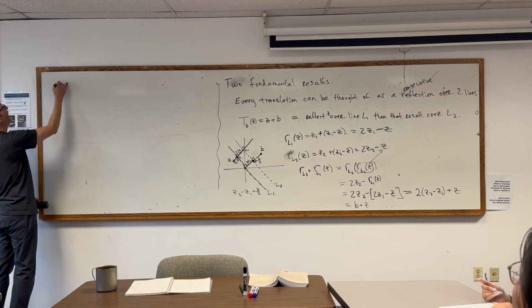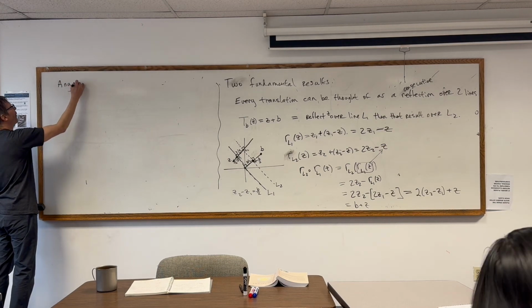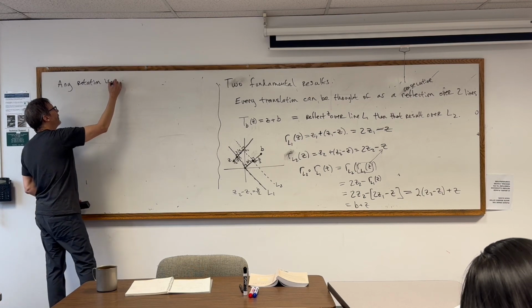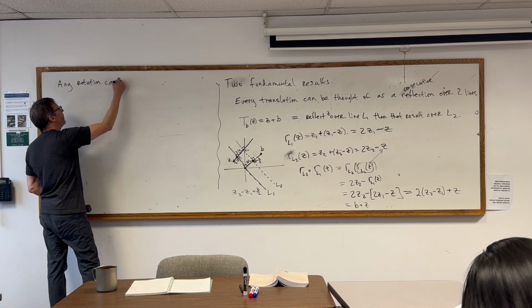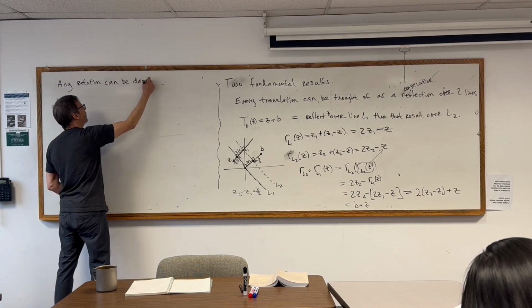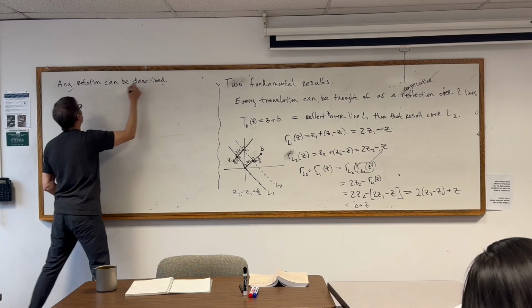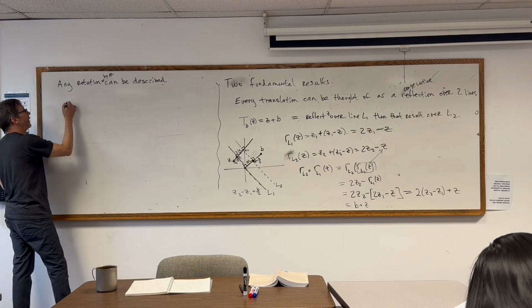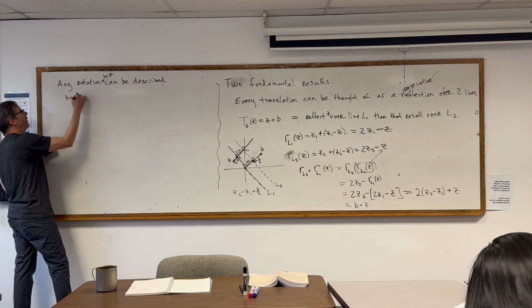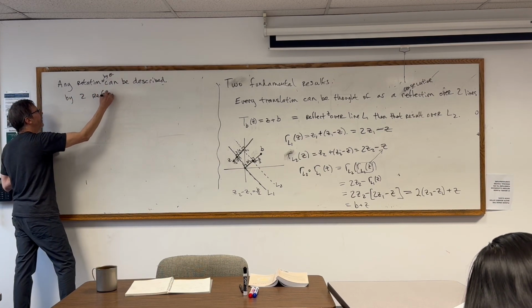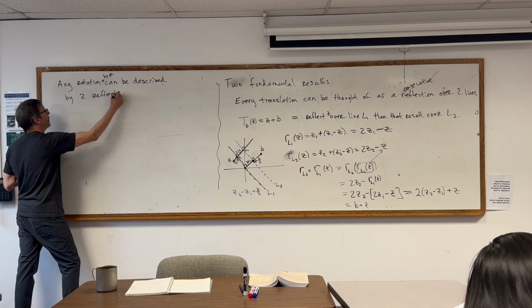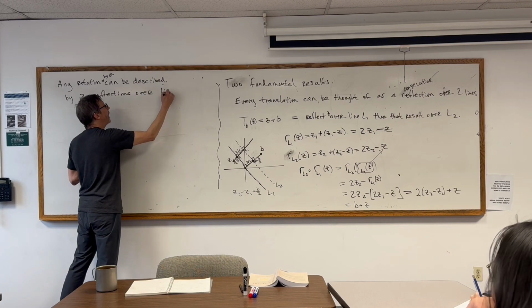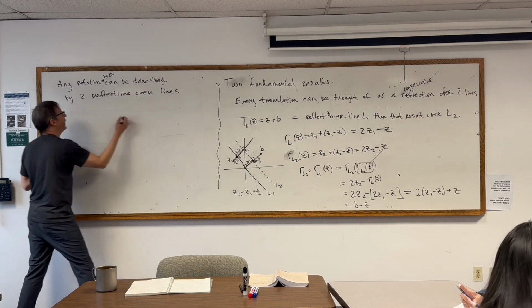Okay, so any rotation, let's say by theta here, can be described by 2 reflections as well, over lines, but lines through the origin this time.